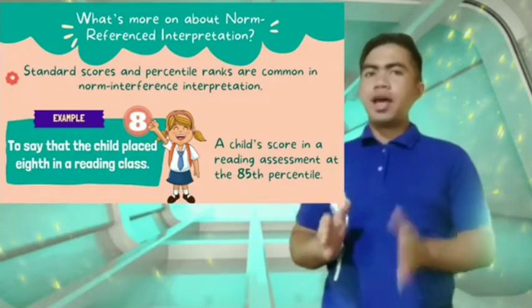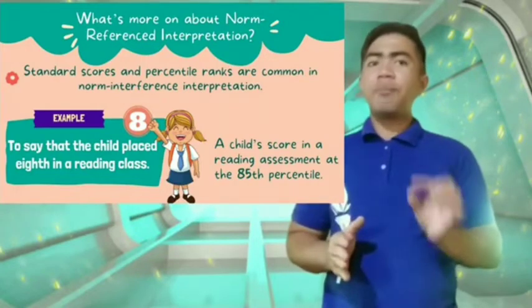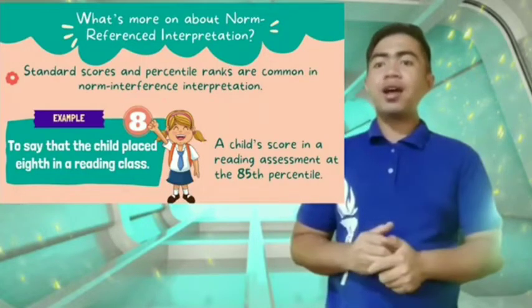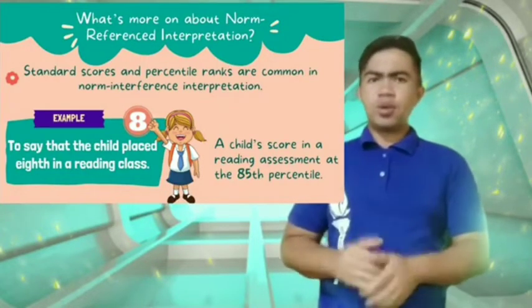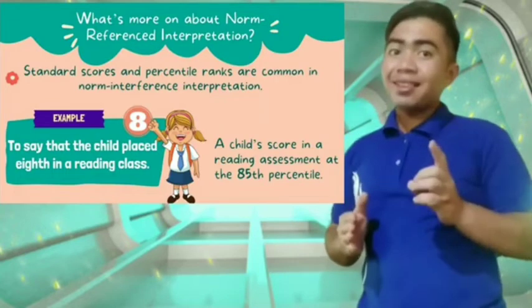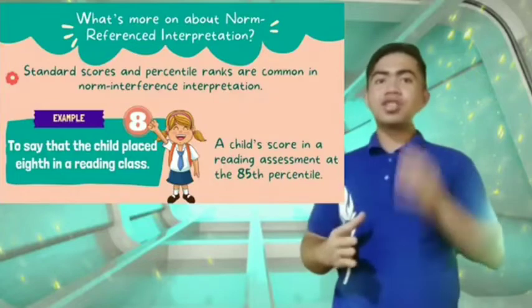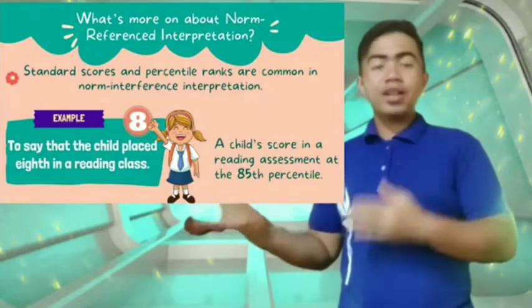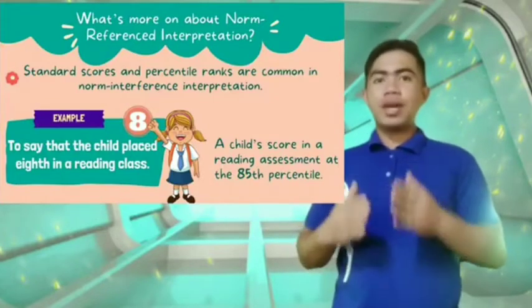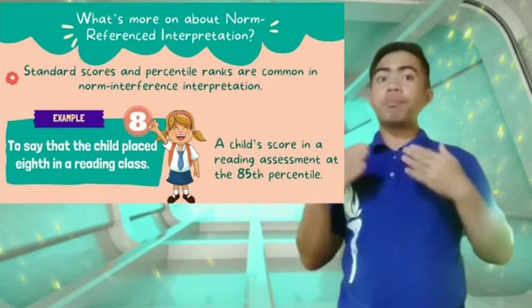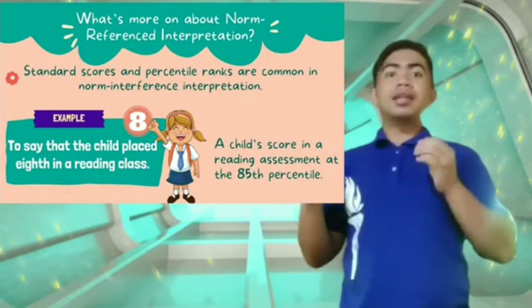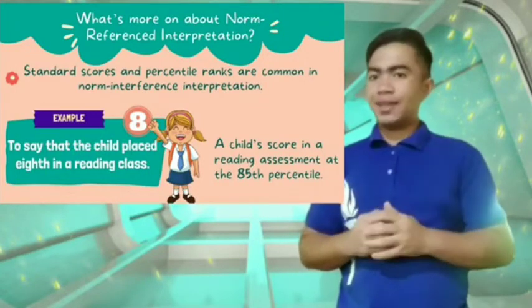For example, to say that a child placed 8th in a reading class. So in this example, we can say that we are ranking the performance of this child compared to the performance of his or her classmates or the persons within that group of reference.